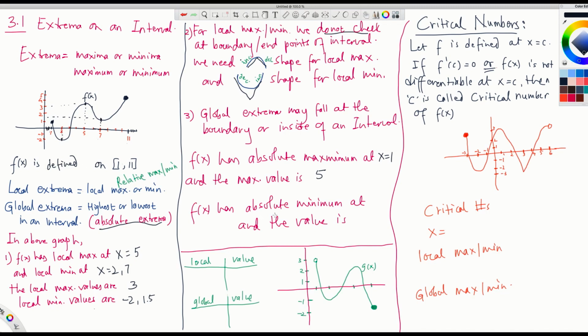Okay, f(x) has an absolute minimum. What is the lowest point? This is that, right? So the absolute min may coincide with a local min. So x equals 2 and the minimum value is -2, because the minimum height is -2 there. You see that?